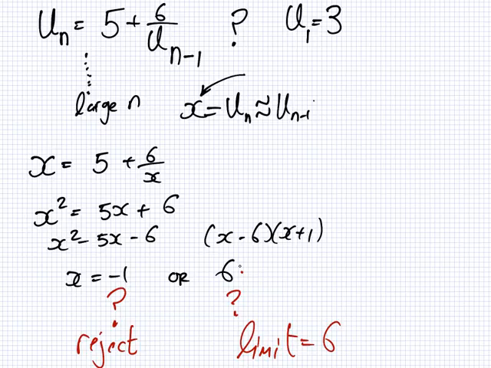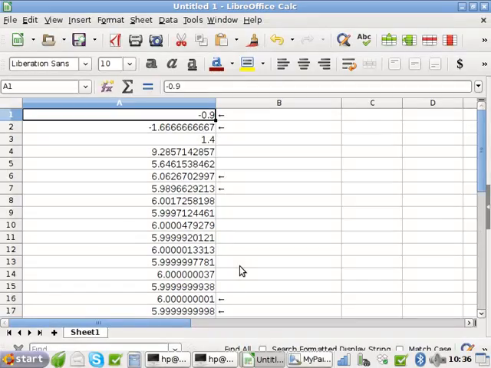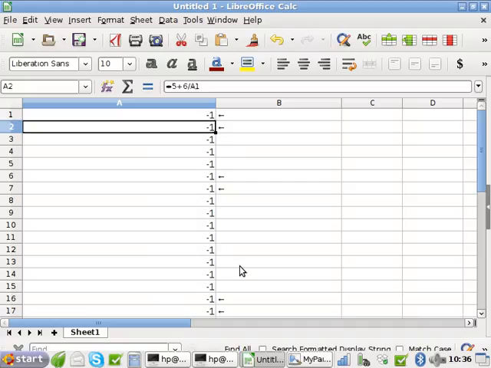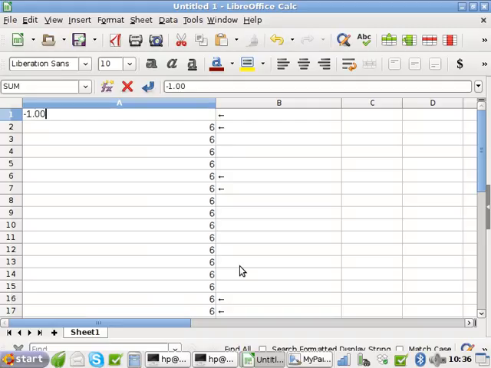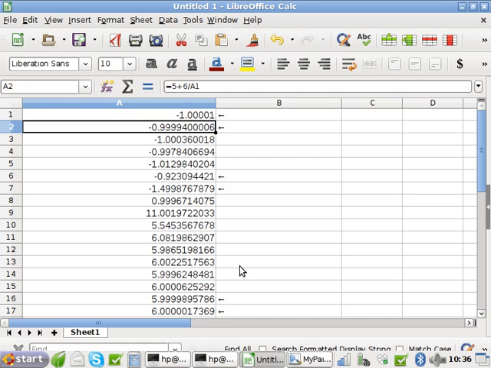There's only one way I can get to minus 1, and that's if I start at minus 1. What's going to happen to the sequence? Any ideas? If I start at minus 1, I've reached the limit, and they're all going to be minus 1. If I start at 6, they're all 6. If I start at minus 1.00001, I get 6.